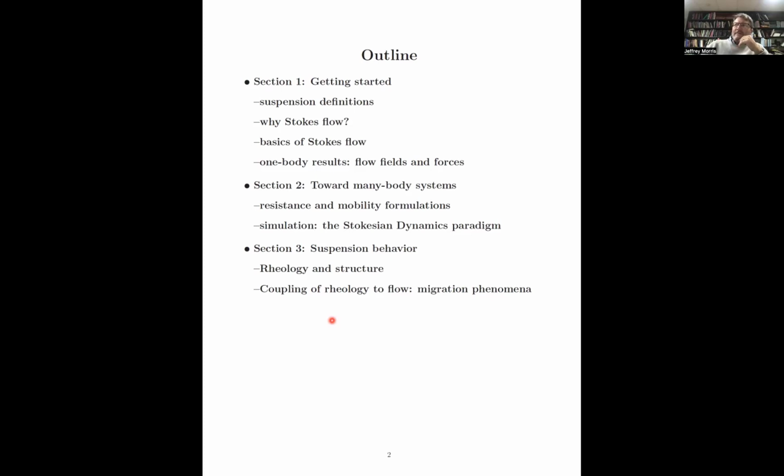But often I've found that people who work with suspensions in industrial context are often not really that familiar with this. And so it's an area of study where the basic foundations of the systems really are not as well understood as, for example, in polymers.